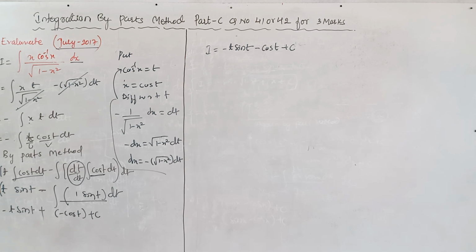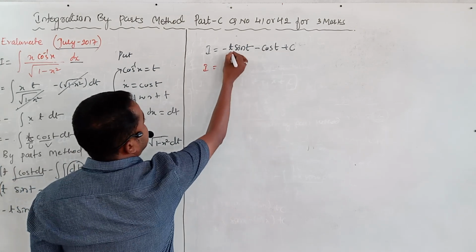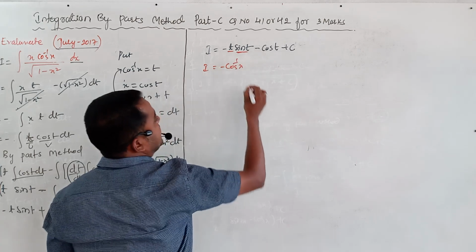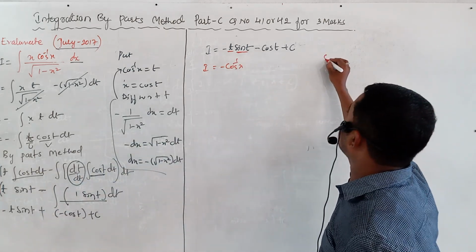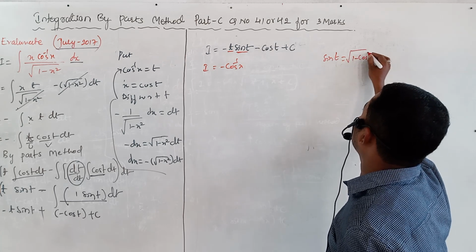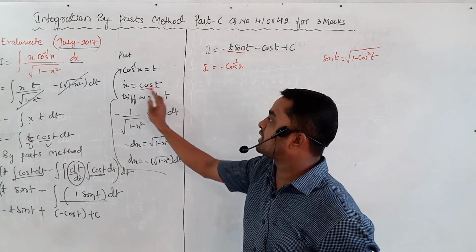Now find the value of t here. t is cos inverse x. First I am writing I is equal to minus cos inverse x, then sin t. Sin t is nothing but root of 1 minus cos square t, but cos t means x here.